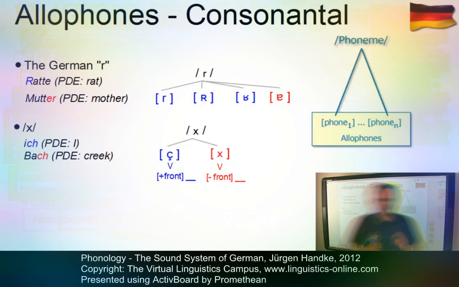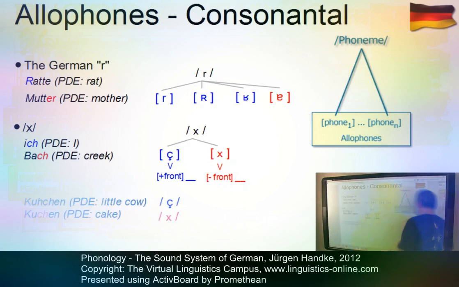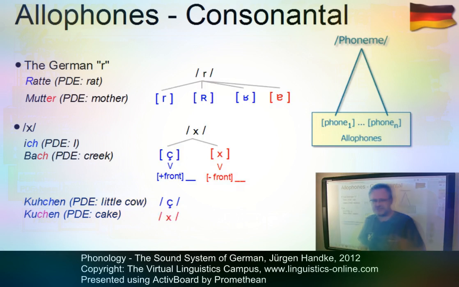However, if we include morphological variation and morphological aspects, for example the diminutive, then the allophones may be treated as different phonemes. So there is a distinction between Kuchen, a small cow, and Kuchen, the cake. Well, so much for the system of phonemes of German.